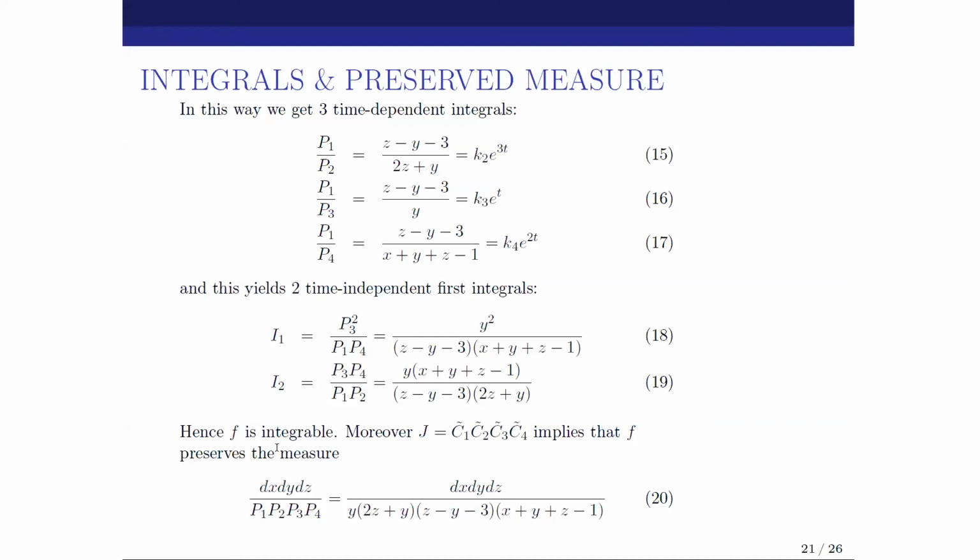Polynomial is easy, rational is difficult. I challenge you to find those integrals just from looking at the differential equation. And in particular, I challenge you to find the preserved measure just looking at the differential equation. Again, the preserved measure is also not unique.